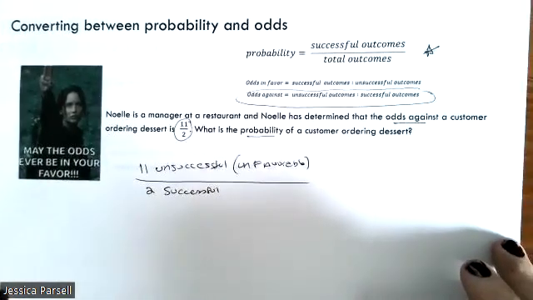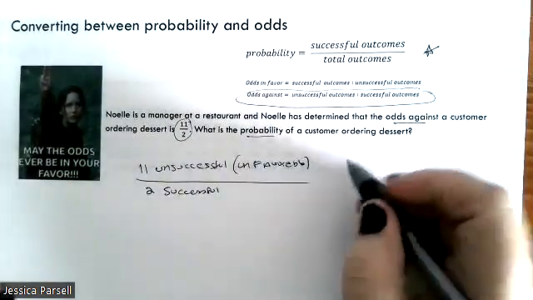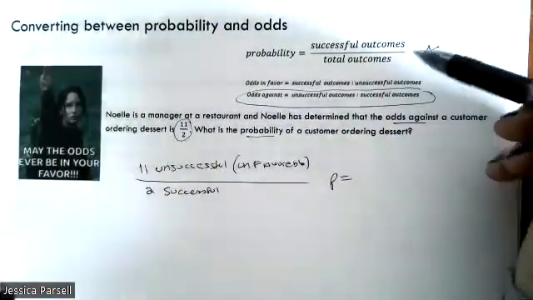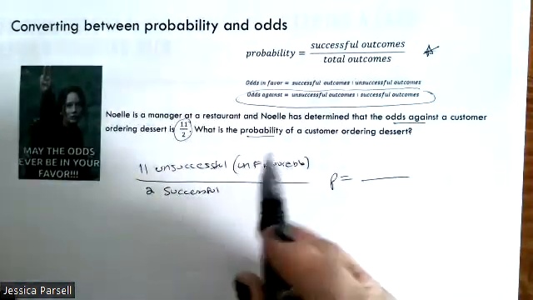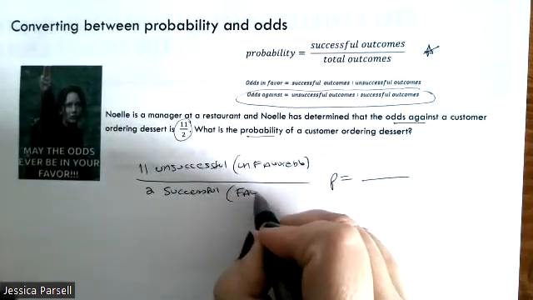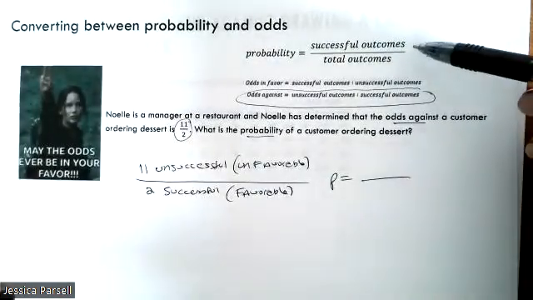But we want to know the probability the customer is going to order dessert. Well, probability is equal to successful outcomes over total outcomes. By the way, this is favorable. I think we know that. So probability says, give me the successful outcomes up top.